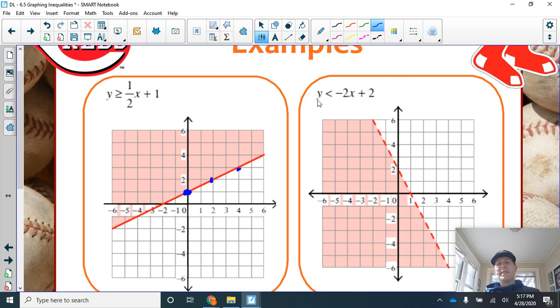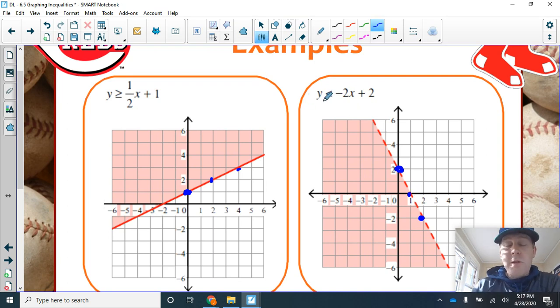The next one, y is less than -2x plus 2. Okay, again, I started just like it was in slope-intercept form. So I put a point on its y-intercept. Okay, slope of -2, so I go down 2 to the right 1, down 2 to the right 1. And now we have to decide 2 things, solid or dashed line, and then shade above or shade below.